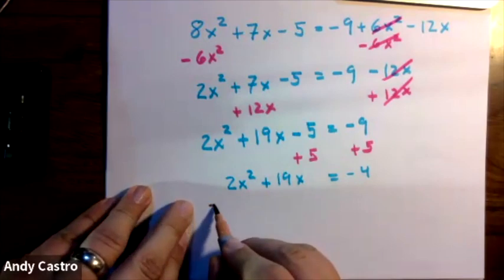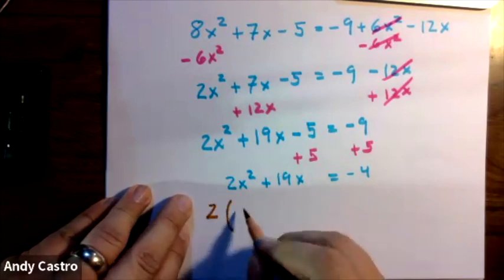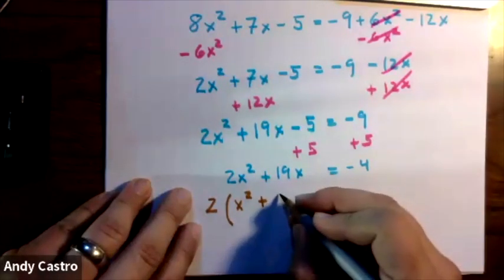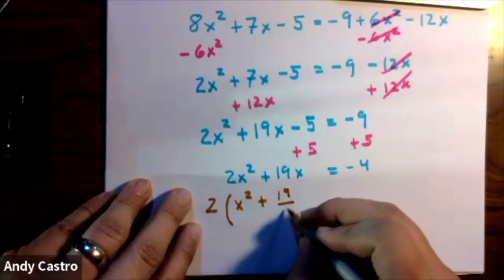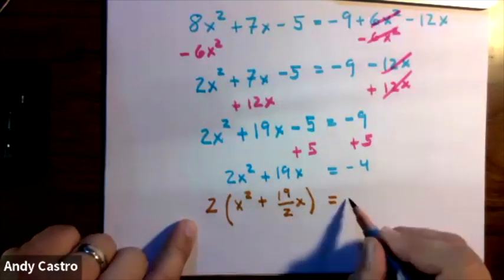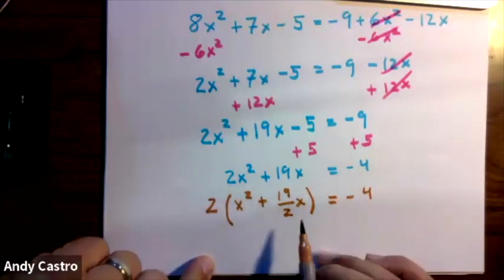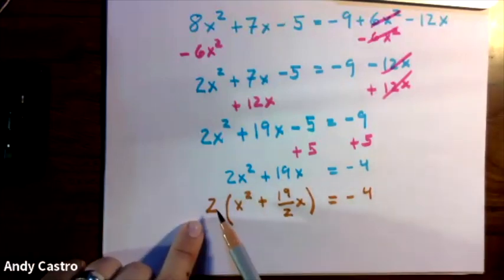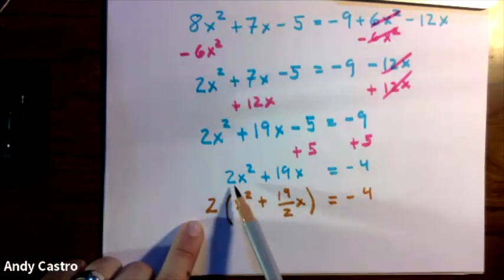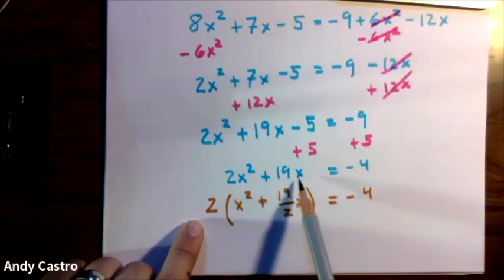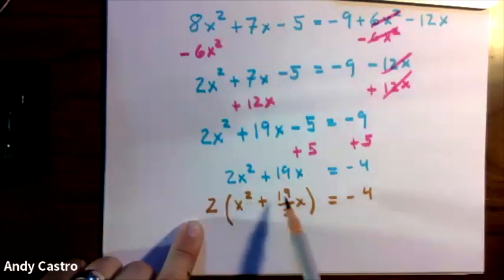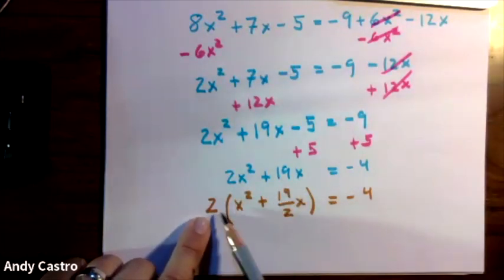So I'm going to actually still factor out the 2. And this is going to give me x squared plus, now watch this. This is going to be 19 divided by 2 x. Okay. Now, where am I getting that? Notice that when we factor this 2 back in, it has to give us this right here, 2x squared plus 19x. Well, how do I get that multiplying a 2 in? Well, this first term here is easy.